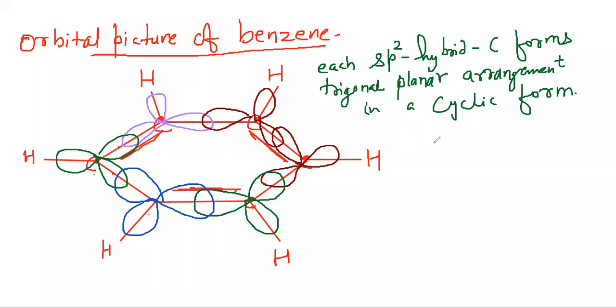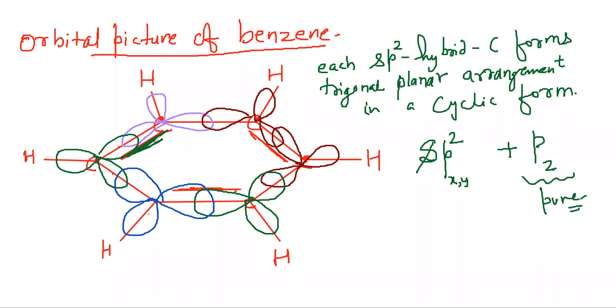Since it is sp2, that means spx and spy are used and pz is pure. This pz orbital takes part in the formation of these pi bonds. One pi bond, two pi bonds, and three pi bonds.